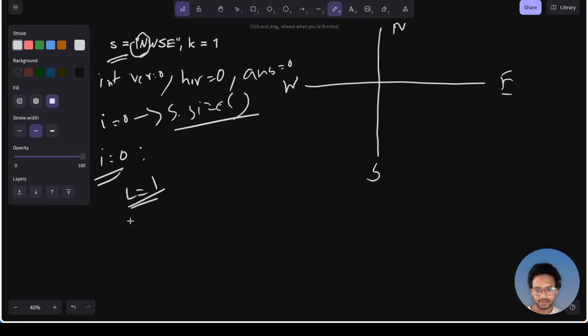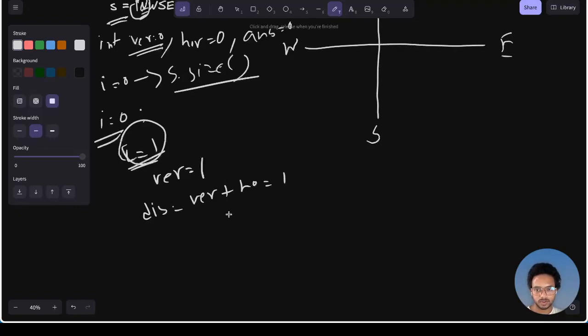And if the character is N, we have to go vertical and add the value. So vertical will be 1, right? And the distance will be vertical plus horizontal, which is 1, and the length should be 1. So we got our distance, right?